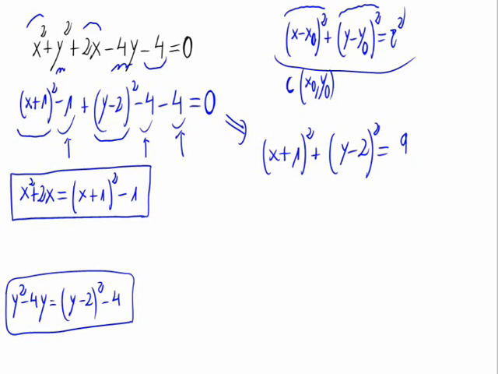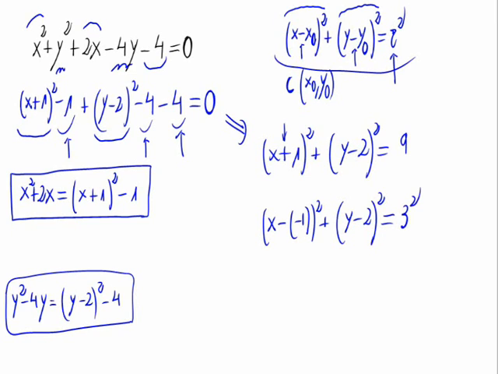We see that we have a plus here instead of a minus, but a plus is a minus minus, so it can be written as (x minus minus 1) squared plus (y minus 2) squared equal 3 squared. So the center would be coordinate x is minus 1 and coordinate y is 2, and the radius would be 3.